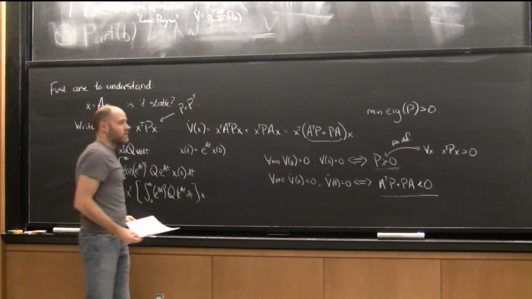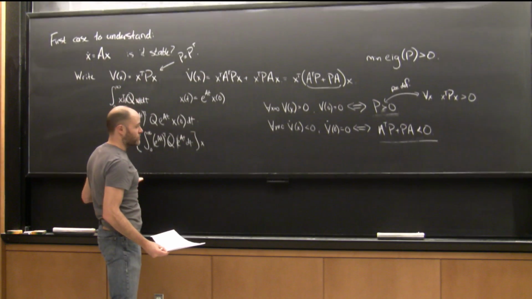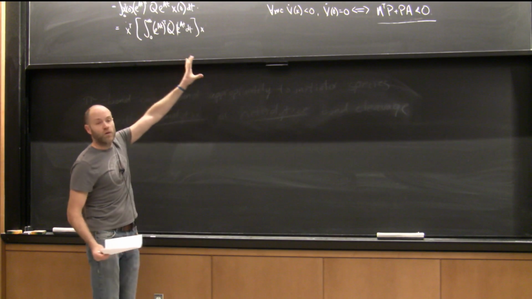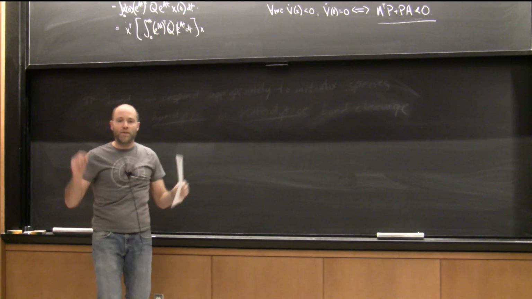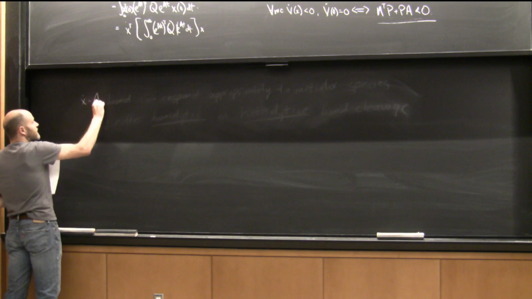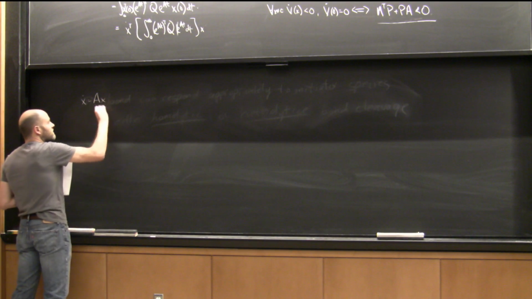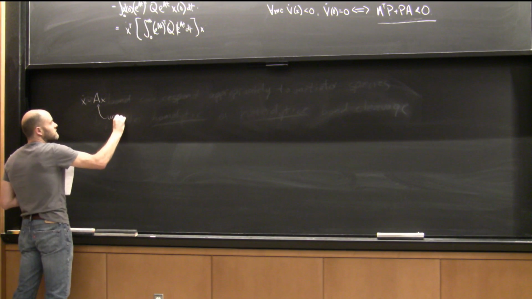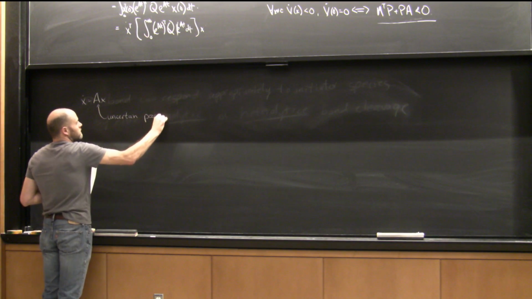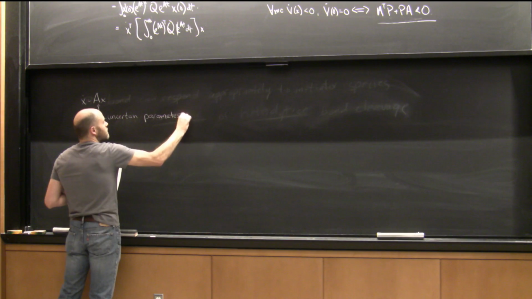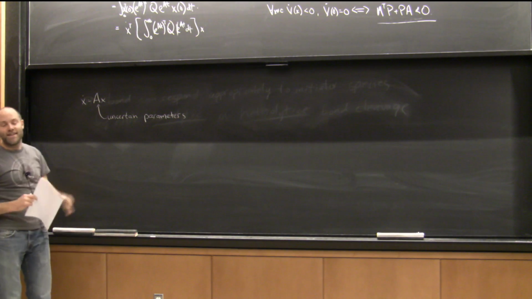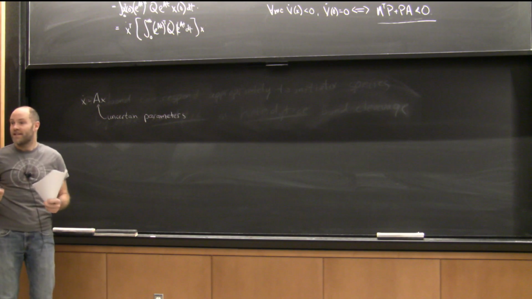Okay, so let's put one of the more advanced tools to work now that we have more general machinery. So what if I have x dot equals A of x, but I have uncertainty here? So now the question is, x dot equals A of x, is it stable?